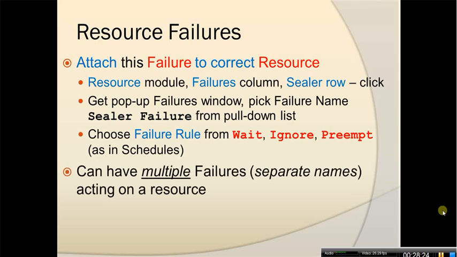And so we could actually have multiple failures with separate names acting on the same resource, right? All we need to do is double click there and add additional failures to the failure button on the resource row.